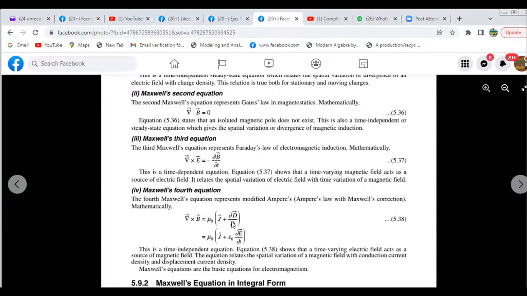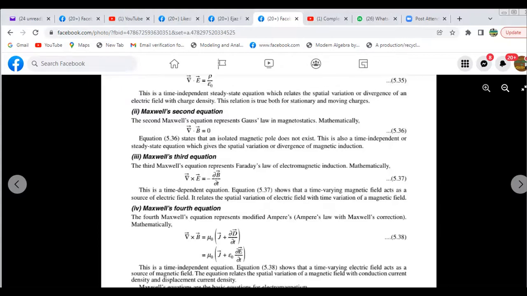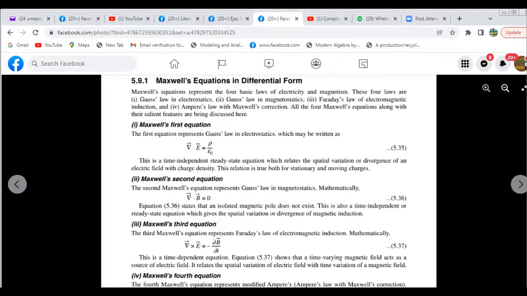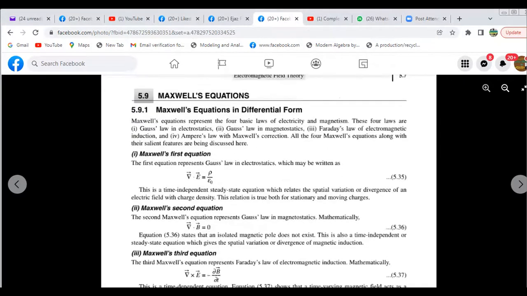This is a time-dependent equation, and it shows that a time varying electric field acts as a source of magnetic field. The equation relates the spatial variation of magnetic field with conduction current density and displacement current density. So you have to learn these four equations, which are very famous equations in magnetostatics.